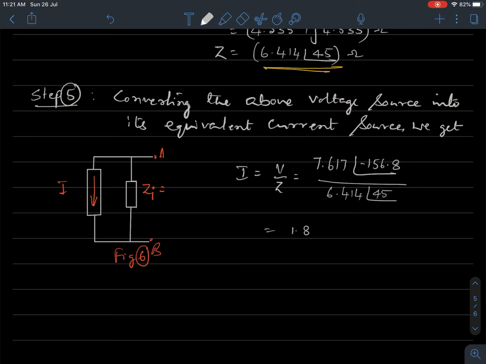So this on computation will give 1.187 at an angle 158.2. So many amperes, and my impedance ZI will be equal to the same as Z, 6.414 at an angle 45.